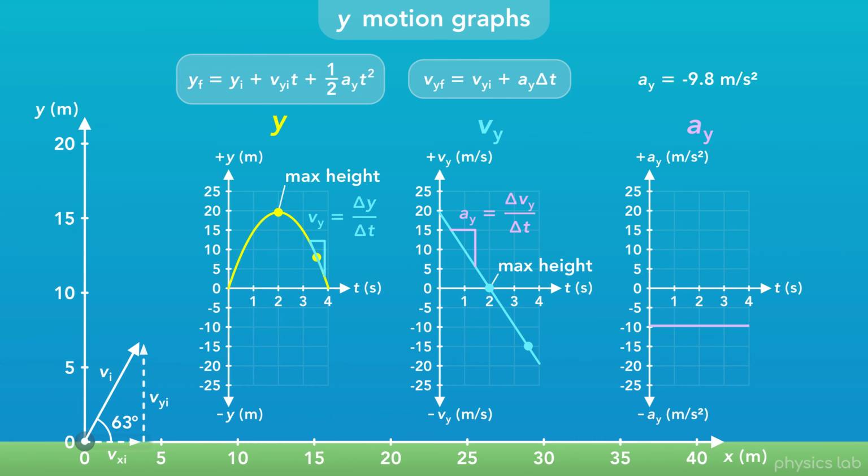And we can use this equation to find the velocity at any time, or the time when the velocity is 0. The y position graph is curved because there's acceleration. The slope at a point on the position graph is the velocity at that time. And we can use this equation to find the y position at any time.